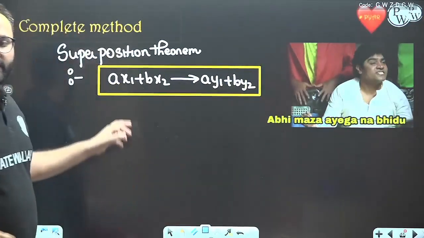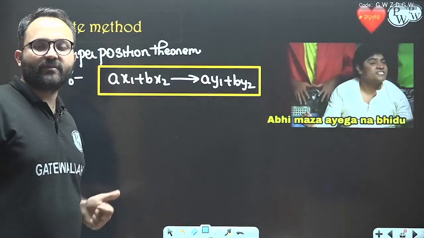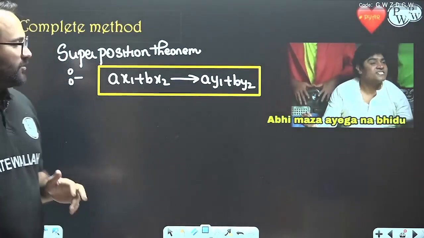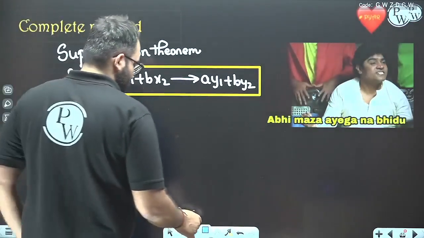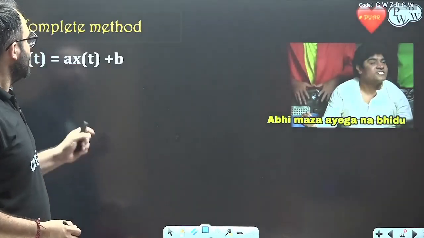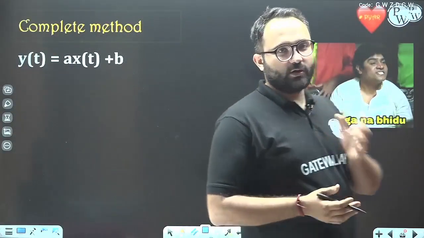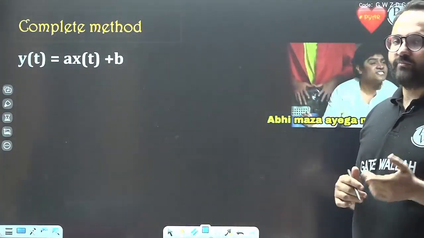Okay, a times x1 plus b times x2 gives the result a times y1 plus b times y2. Okay, so there are two examples for making this clear, how it actually works, how to check using the superposition theorem.